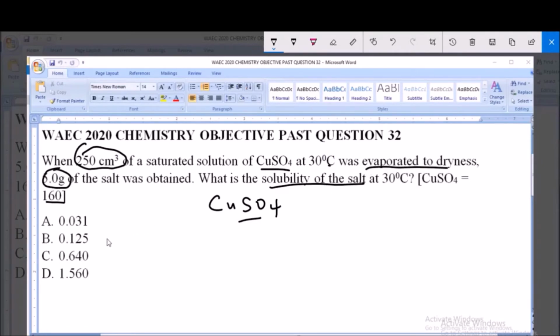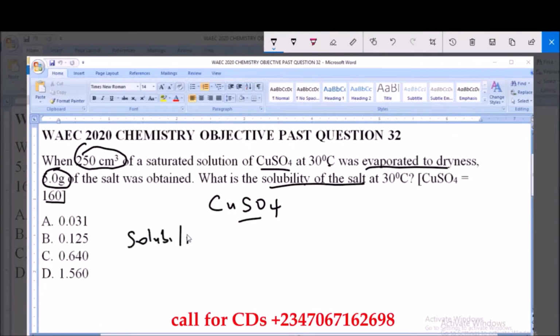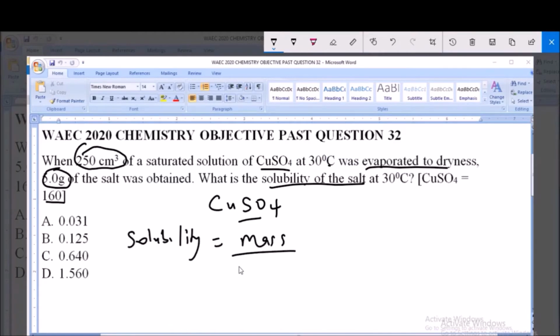So the formula we use to calculate solubility is equal to mass over molar mass times 1000 over volume.